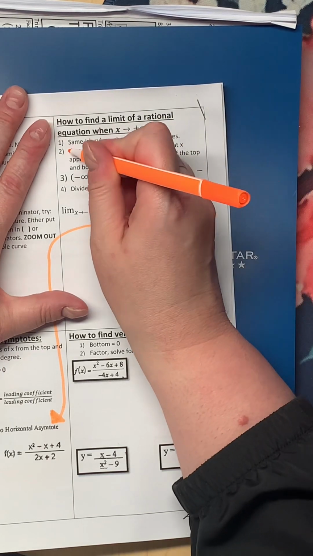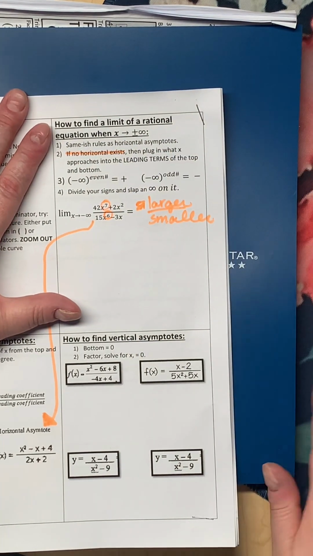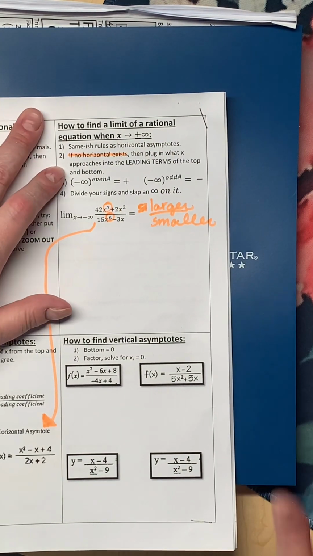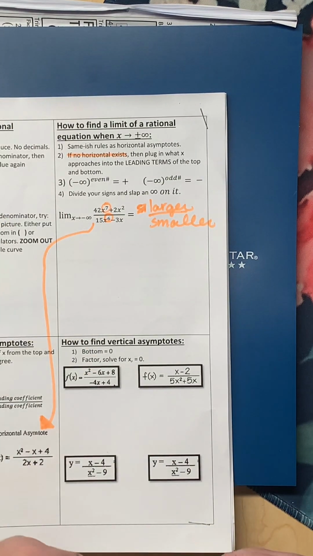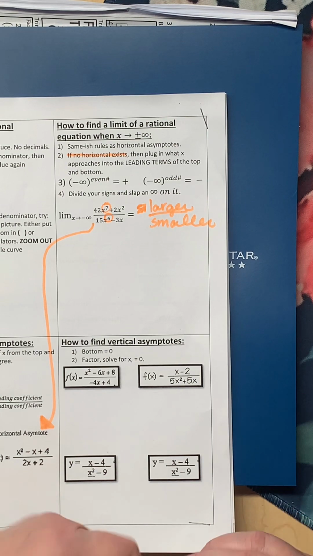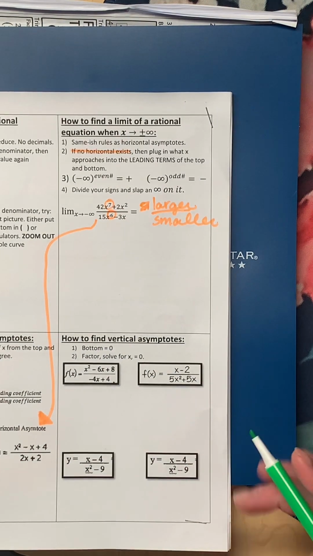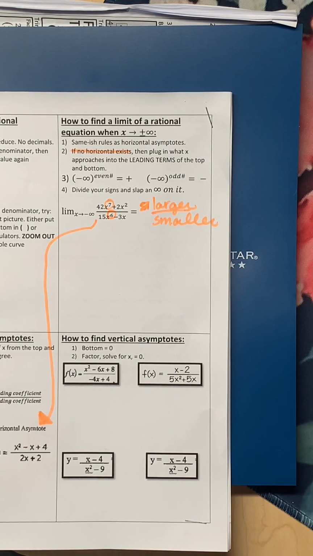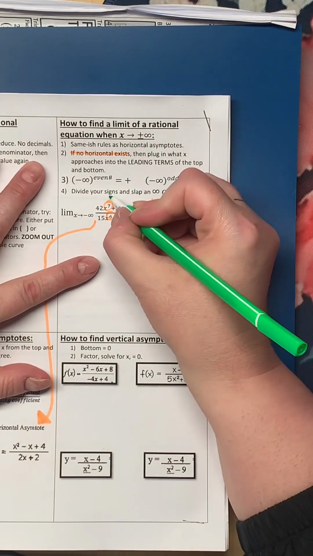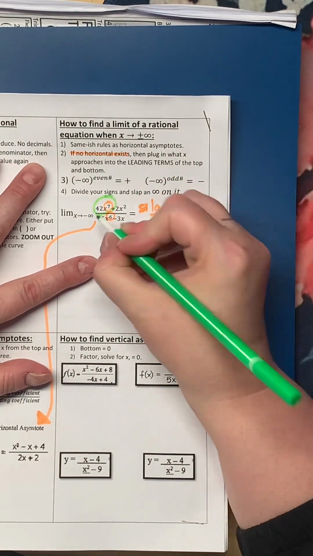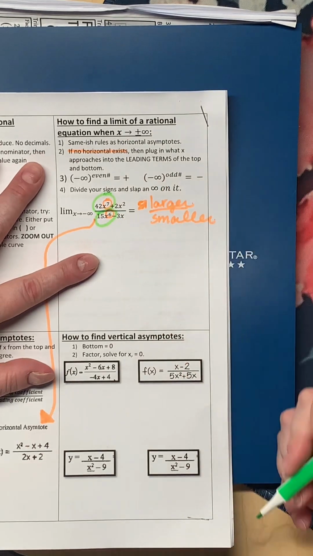Well, darn. This says if no horizontal asymptote exists, then we have to plug what x approaches into the leading terms. The leading term is attached to whatever has the highest exponent. So the terms that have the highest exponent are this 42x^7 and this 15x^6.